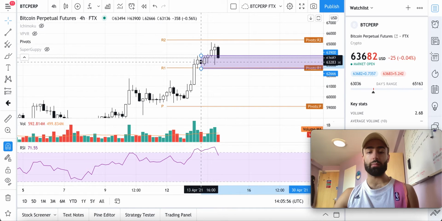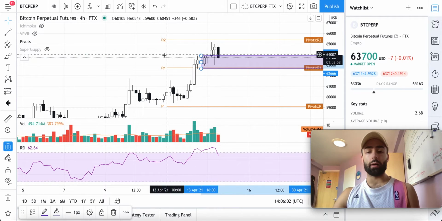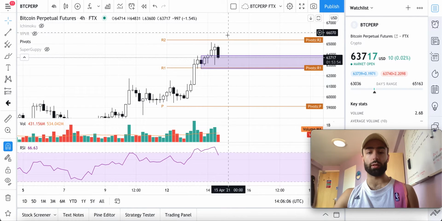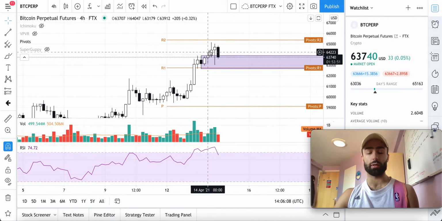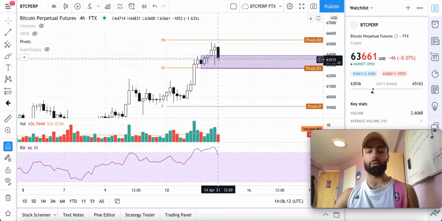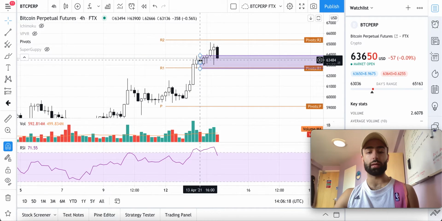And so when we came back and tested this level right here, and you can see right now we're also testing it again. Well, I guess it would still count as the first test because we haven't officially formed a low yet. This test of this zone, what we're seeing is this was a local high right here.